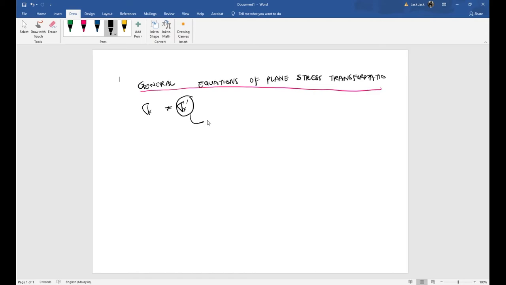The rotation is measured by theta. Before we start discussing in more detail, there are a number of concepts that we need to clearly understand.